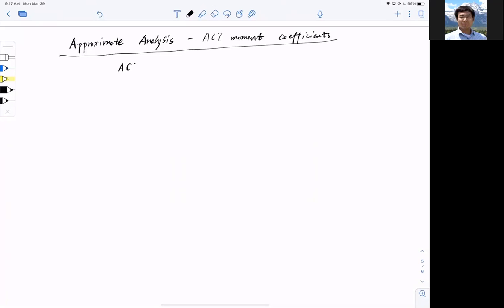What are the limitations? ACI says, these are called moment coefficients.